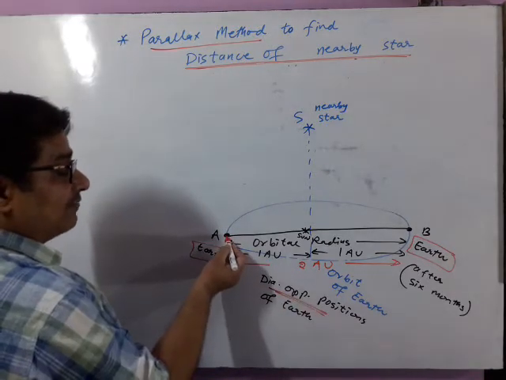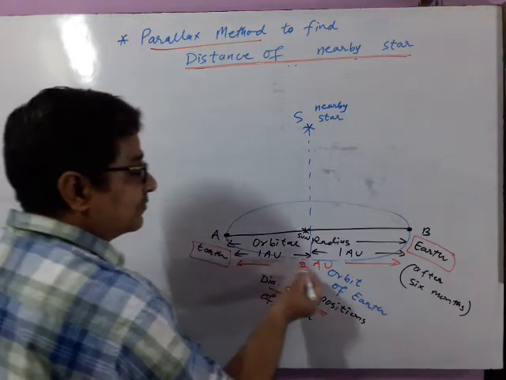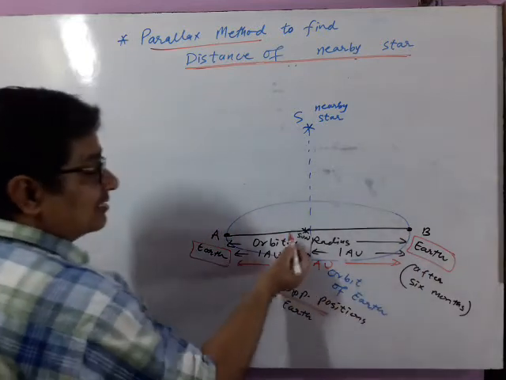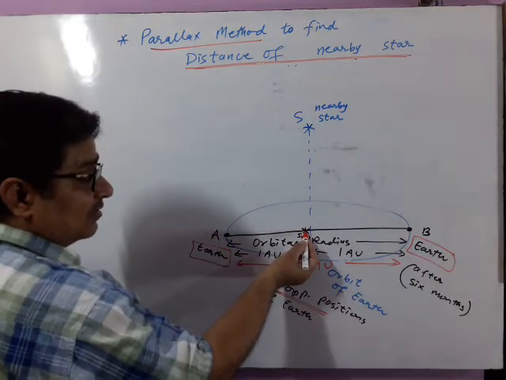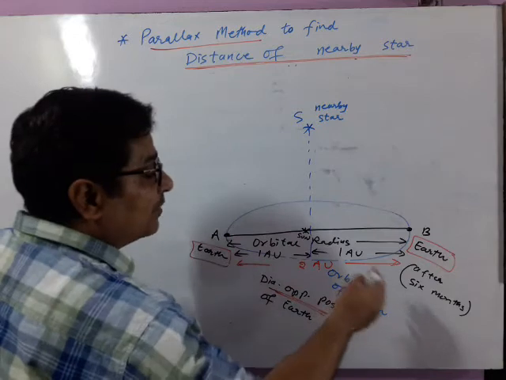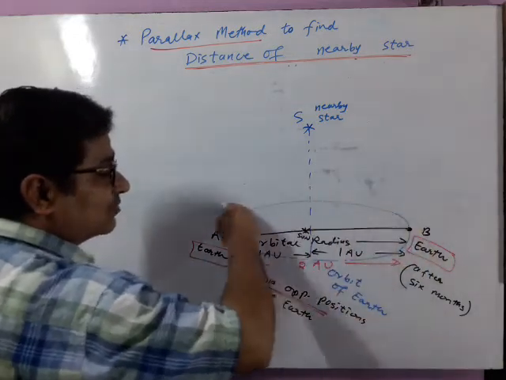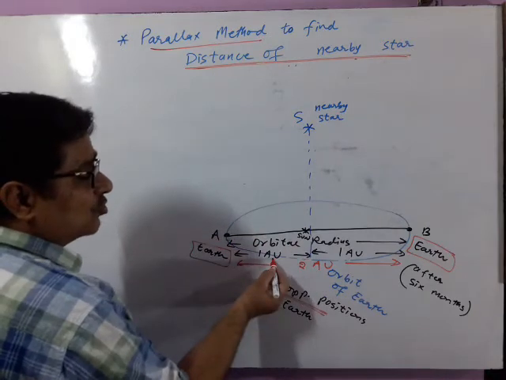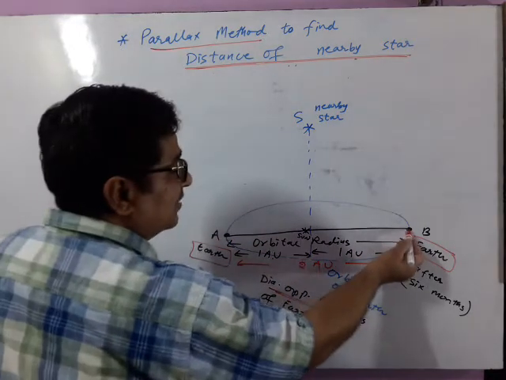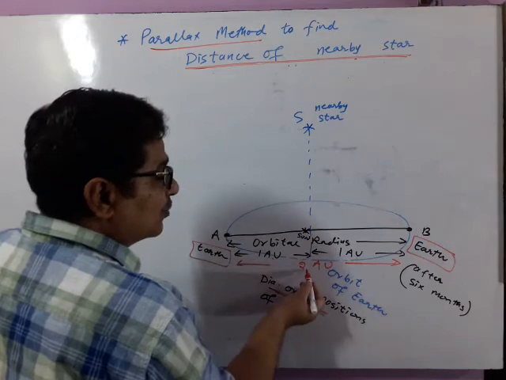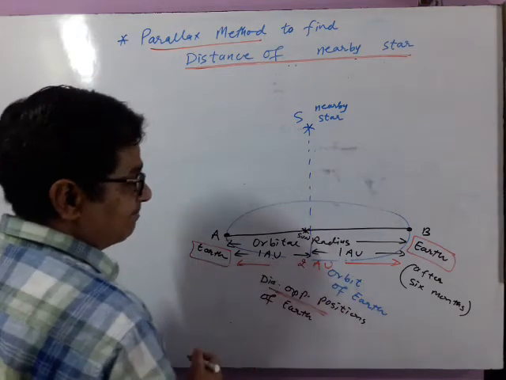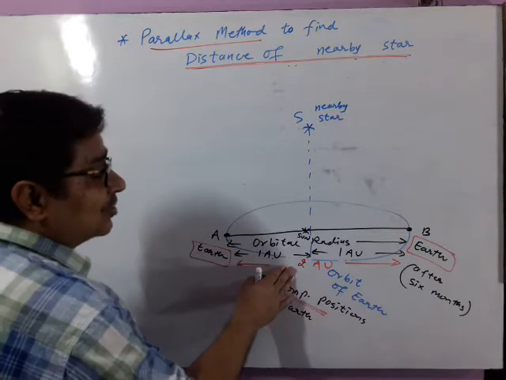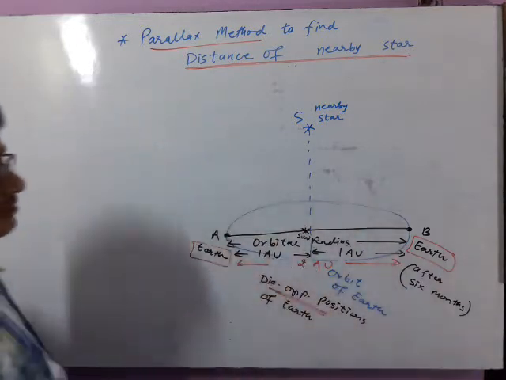Position A, when earth is at A, after 6 months when earth goes to B and the sun remaining in between. So this is the orbital radius. Orbital means earth is revolving around the sun. We are talking about that. And the distance between sun and earth is 1 astronomical unit. Again the distance between earth and sun is 1 astronomical unit. So the total is 2 astronomical units. Now this is the orbital radius, revolution of earth around the sun.